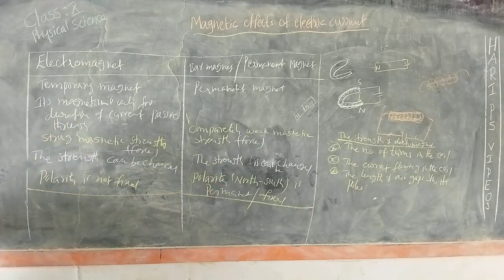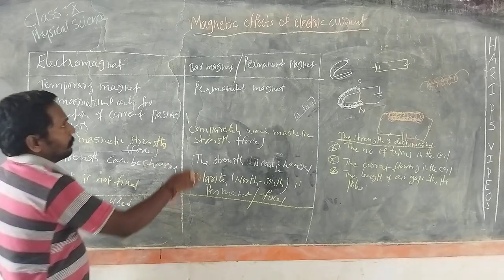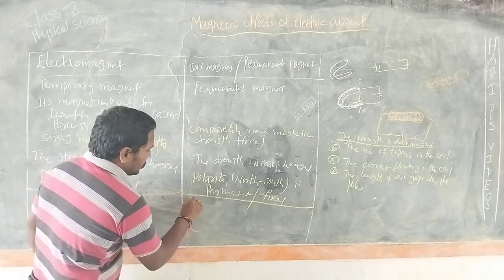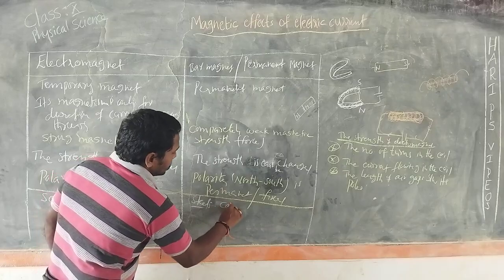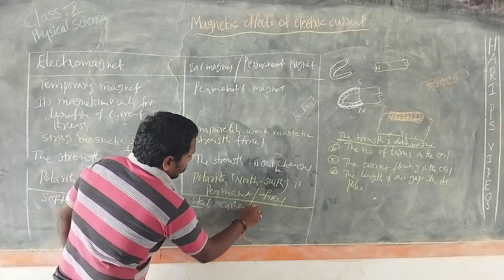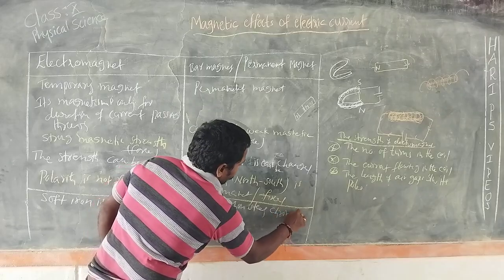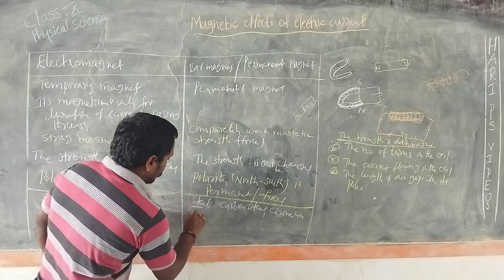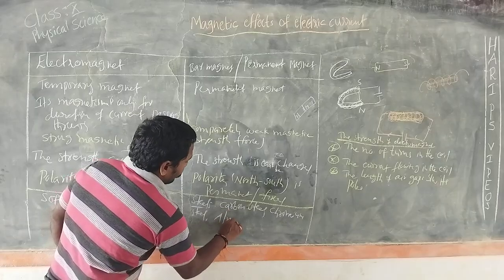Soft iron is used for electromagnets. In case of bar magnets, permanent magnets, different steels are used: carbon steel, chromium steel, or alnico.